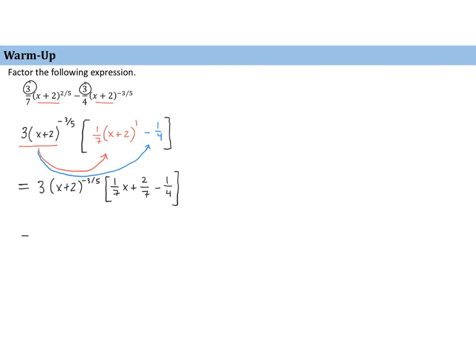And now we can clean this up using algebra. 3 times x plus 2 to the negative 3/5 times 1/7 x plus 1/28. Now x plus 2 has a negative exponent, so I can move that to the denominator.